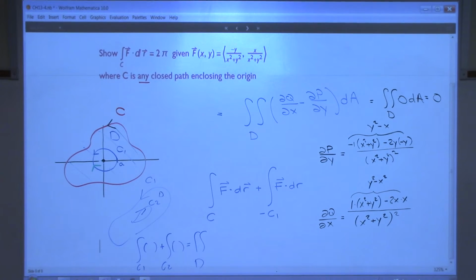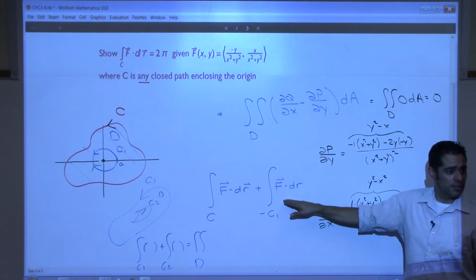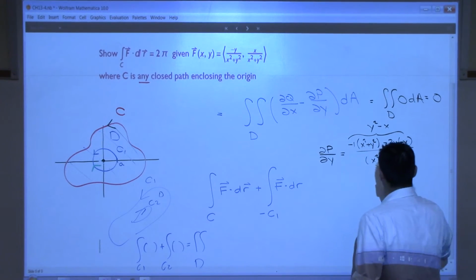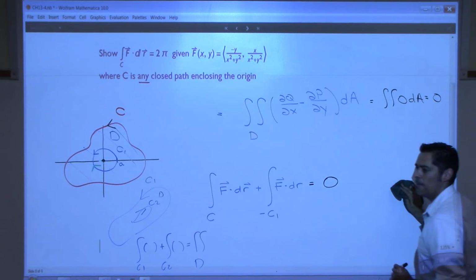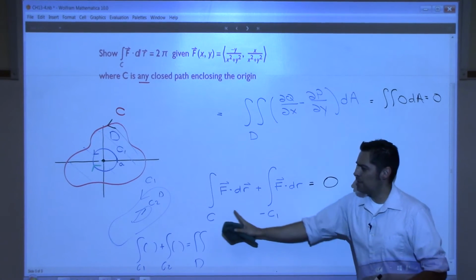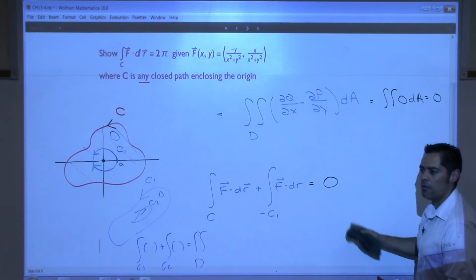Now this is pretty awesome because this means that this plus this is 0, right? That means that these are the same. I mean, sorry, they're opposite in sign. You can just move this one over, right?